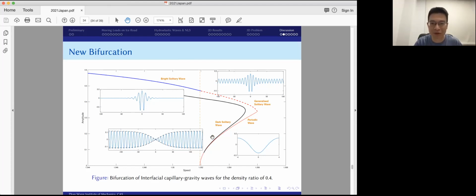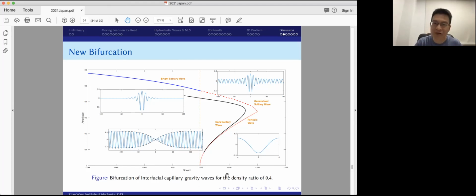This bifurcation method is quite universal, I found, and I can find a lot of fluid systems which can support this weird bifurcation structure. One example is the interfacial capillary gravity waves, when the density ratio of the upper layer to the lower layer is large. This picture is a density ratio of 0.4.